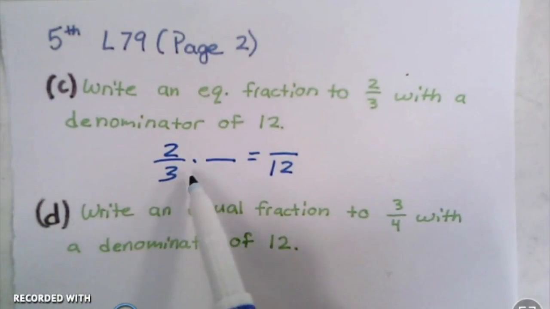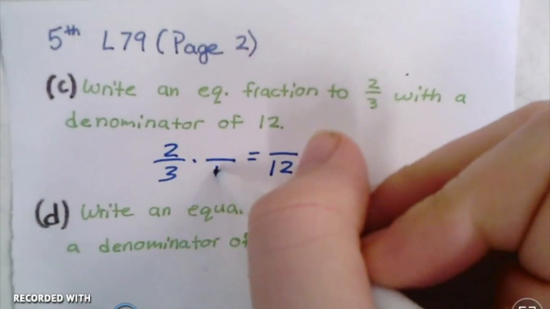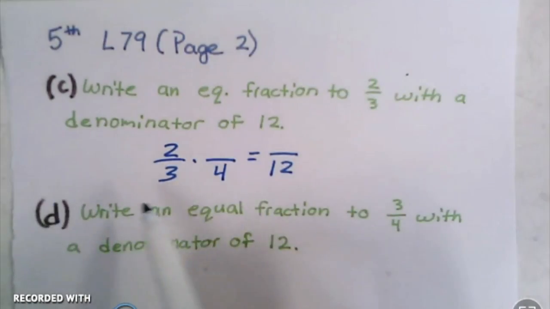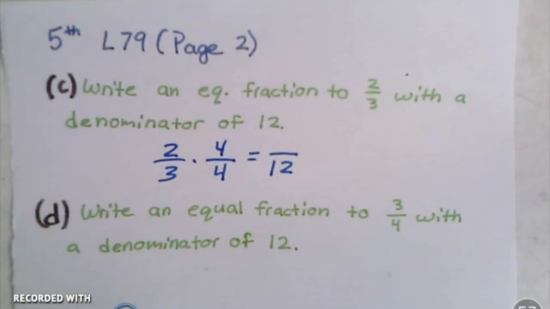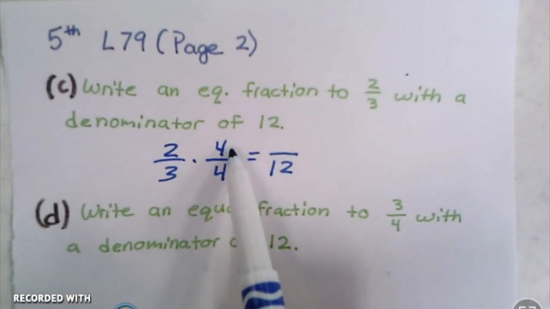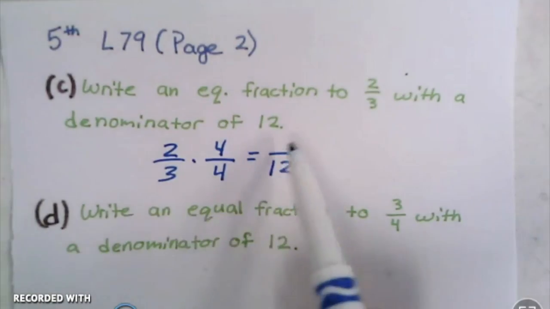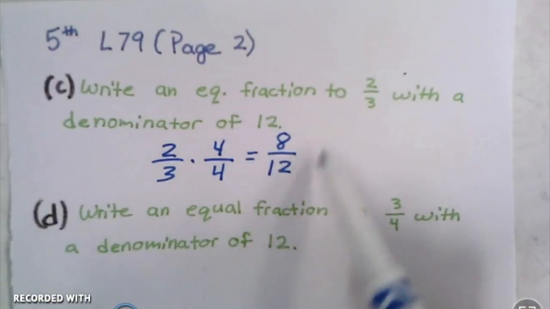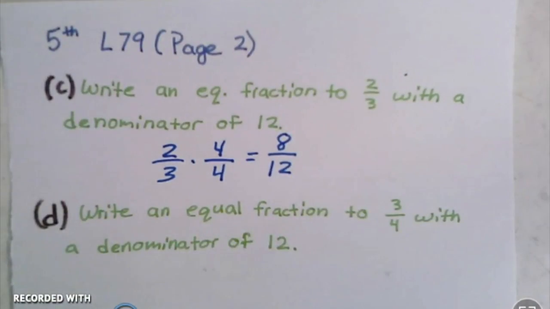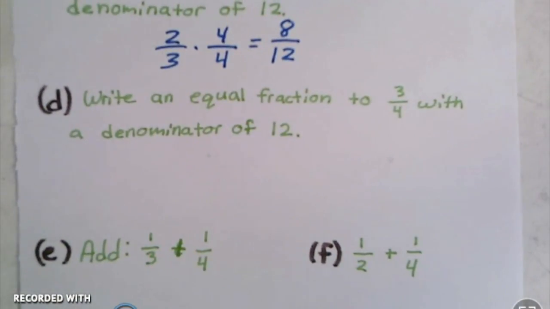So 3 times what number is 12? Okay, and that means I need to make this fraction equivalent to 1. So I'm going to put the same number that's here, here. And now 2 times 4 is 8. So the equivalent fraction is 8 over 12. Okay, try D on your own.